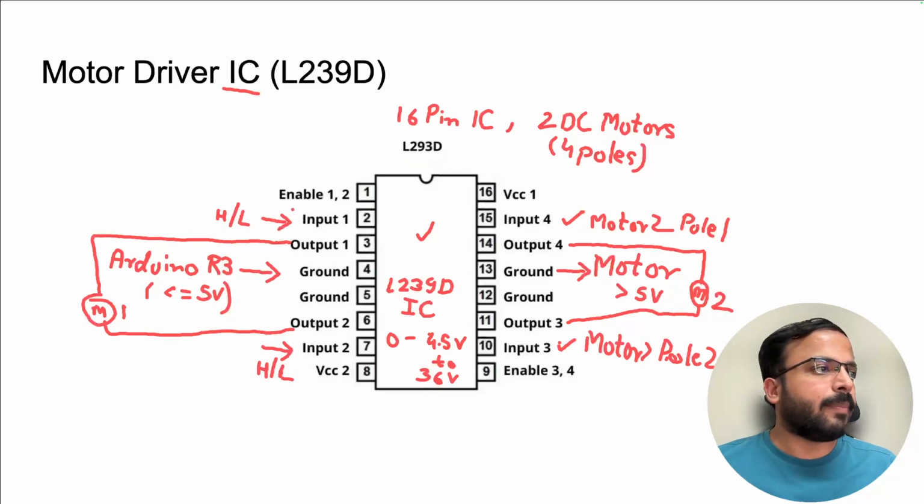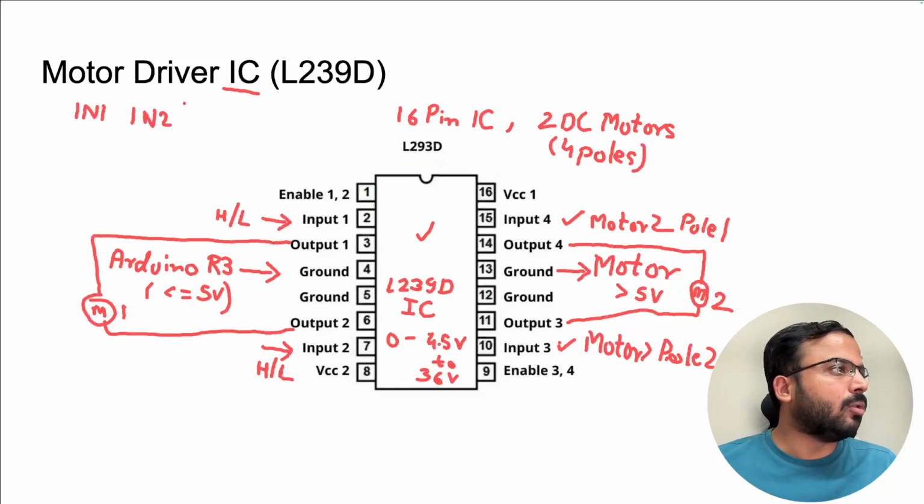So now what will happen if you connect high and low? Let's draw a truth table. So this is your input 1, this is your input 2, and this is your output. So if both the inputs are 0, it's a break, the motor will not run. Now if you give a 0 and 1, it will run in one direction, the forward direction.